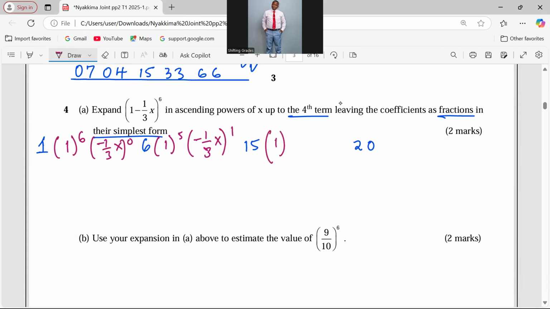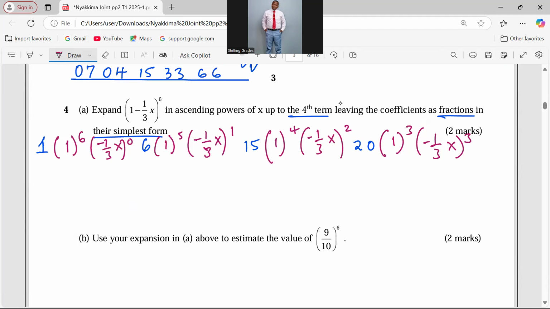Here we shall have 1 power 4 and negative a third x ascends to power 2. Then finally, in the fourth term, 1 will be power 3, and negative a third x is going to be also power 3.